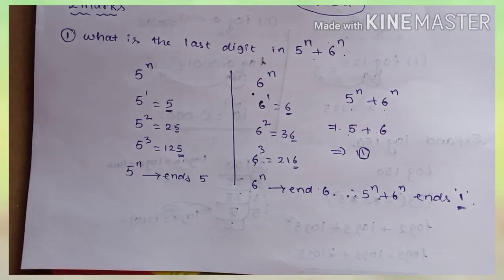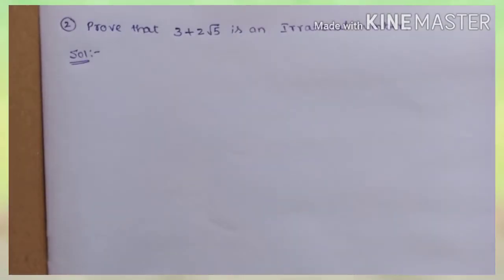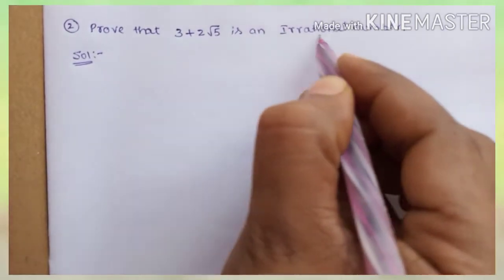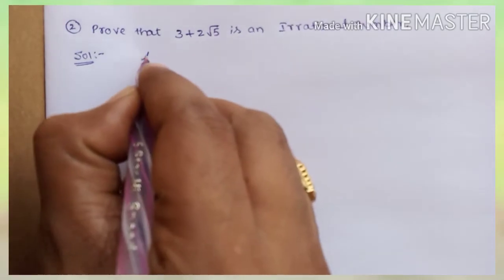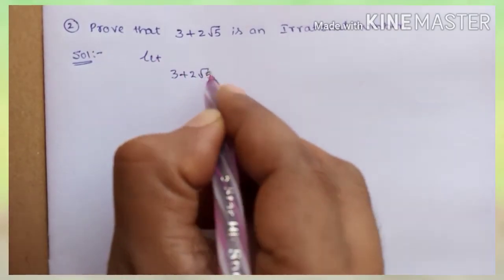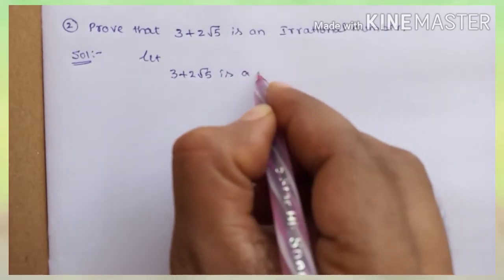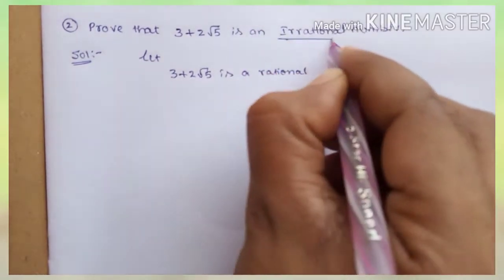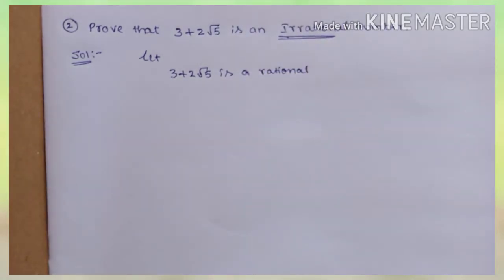Okay, next one. Now the second one: prove that 3 plus 2 root 5 is an irrational number. Let us assume 3 plus 2 root 5 is a rational number, which is the opposite of the given. This method is called the indirect method.